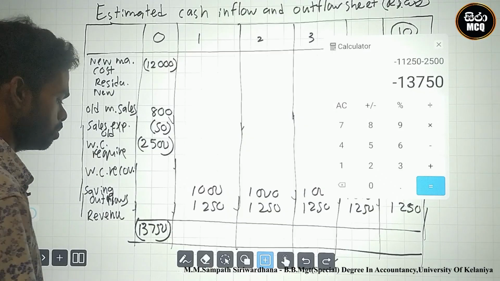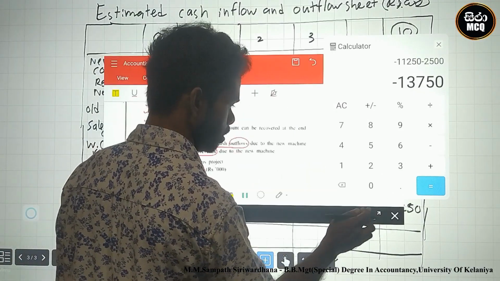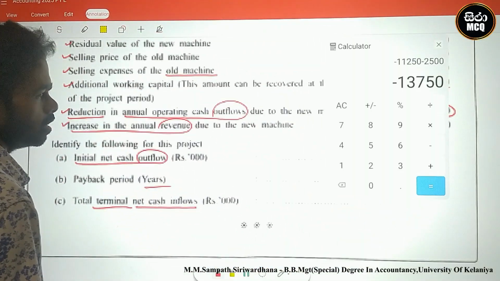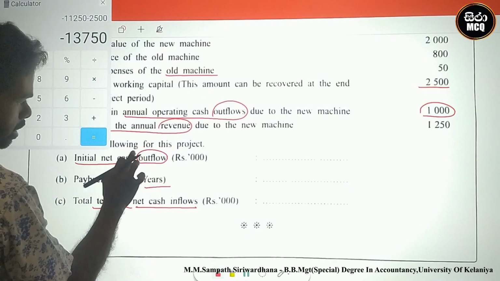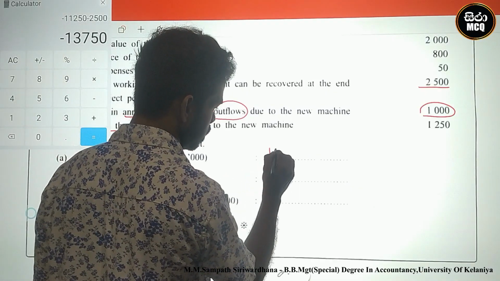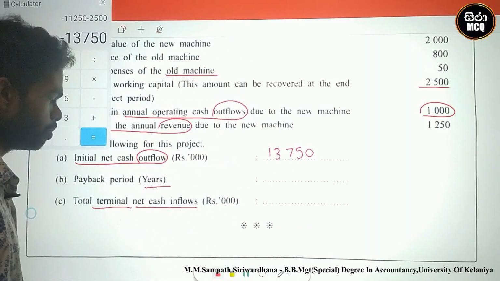This is the initial investment. We can write it, 13,750. This is the initial cash outflow, 13,750.